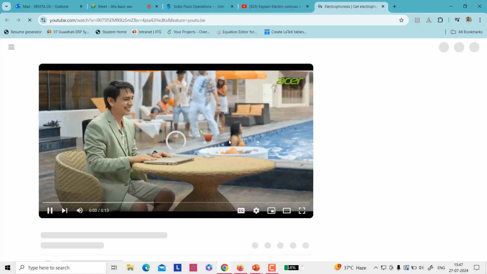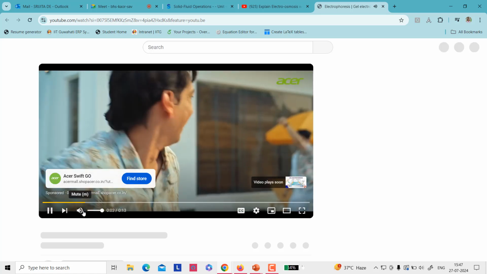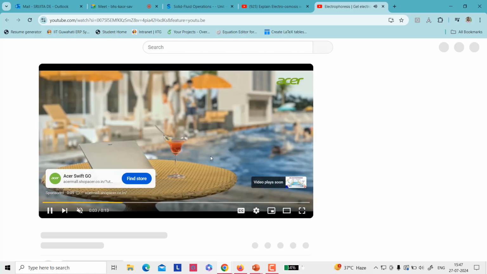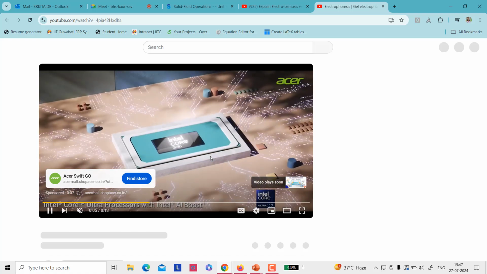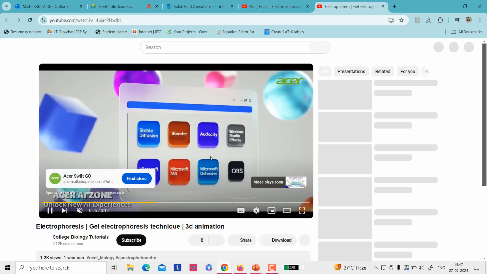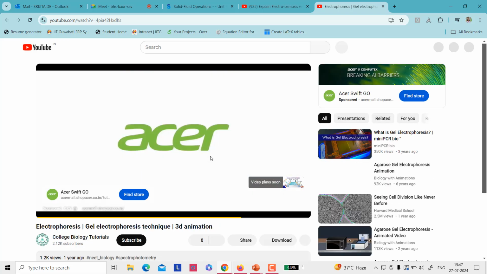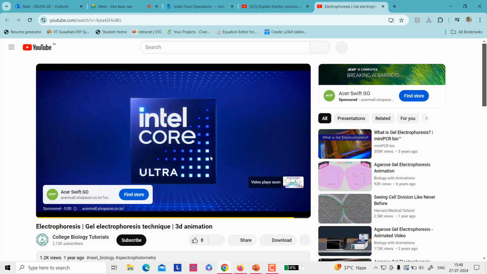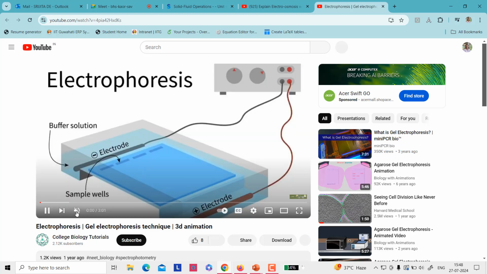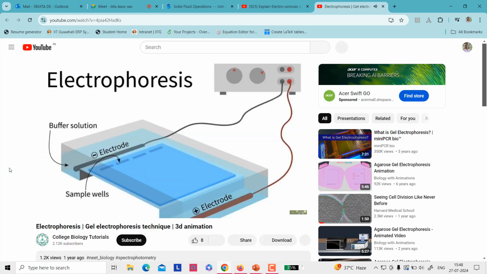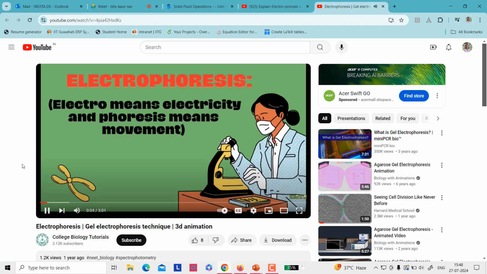So this one is the electrophoresis. It is also the presence of electric field which helps in separation of particles. And electrophoresis is applied in case of any biological material like protein. The word electrophoresis breaks into electro, meaning electricity, and phoresis, meaning movement.